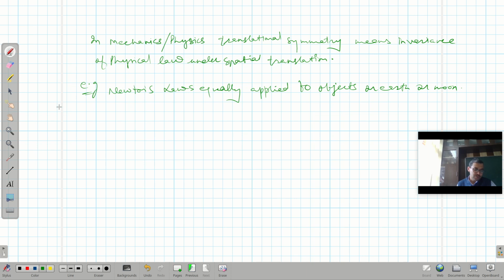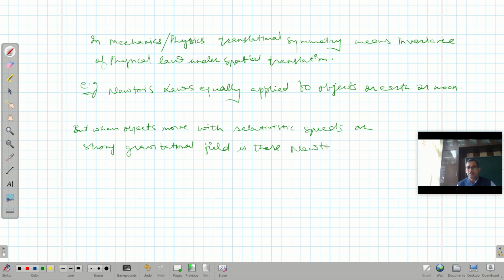But there is a certain problem with Newton's laws, when objects move with relativistic speeds or a strong gravitational field is there, Newton's laws are not valid, right?